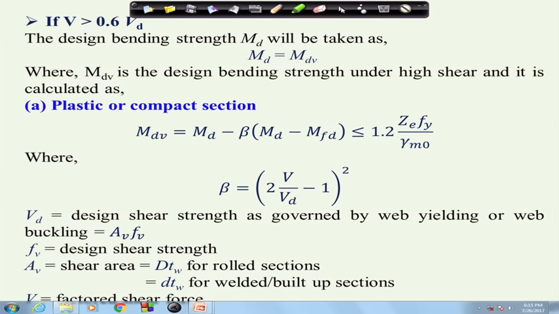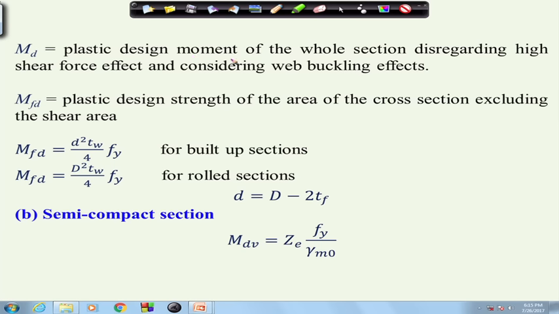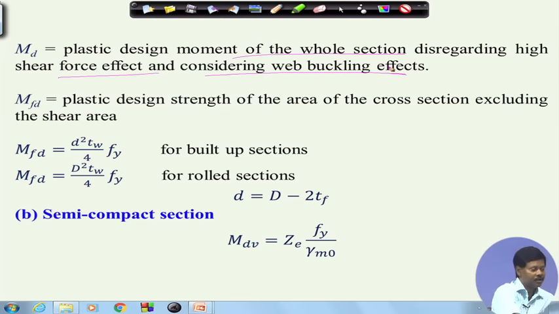right. So, Md is the plastic design moment of the whole section, disregarding high shear effect and considering web buckling effect. So, Md we have already calculated as the plastic design moment of the whole section, where we are not going to consider the shear force effect, and Mfd is the plastic design strength, which can be calculated from this formula.